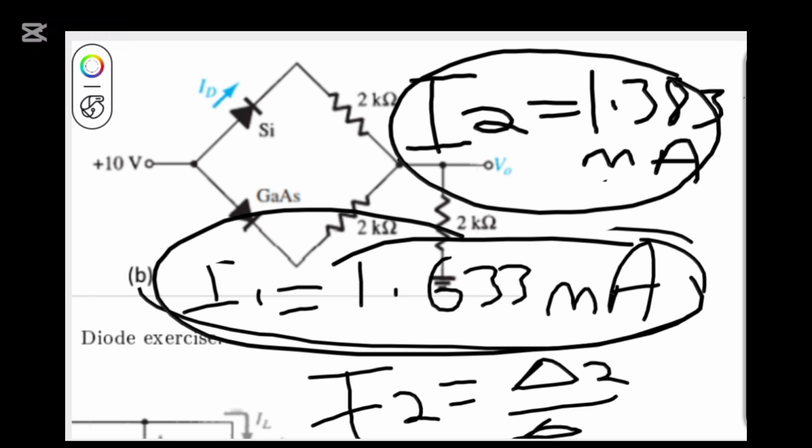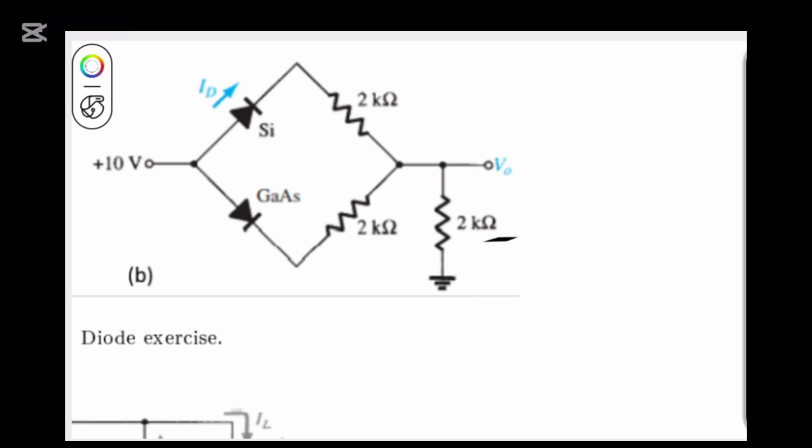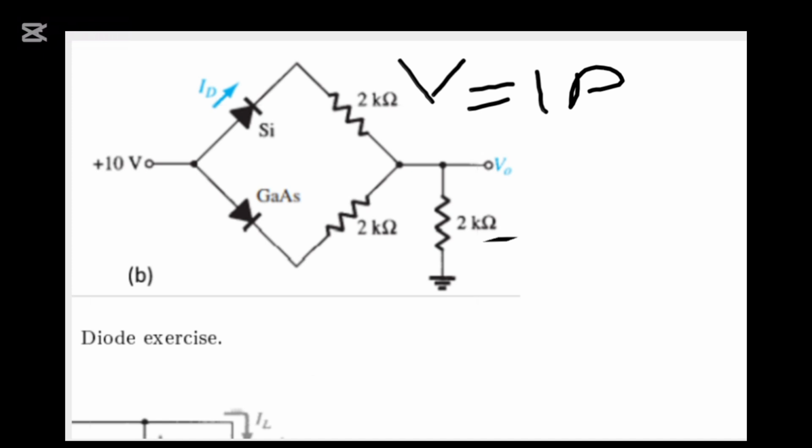So as you can see, the current through the first and the second diode, the first diode carries 1.633 milliamps, and the second diode carries 1.383 milliamps. The next thing that I'm going to find is the V out. So how can I find the V out? To find the V out, as you can see, V is equal to IR.